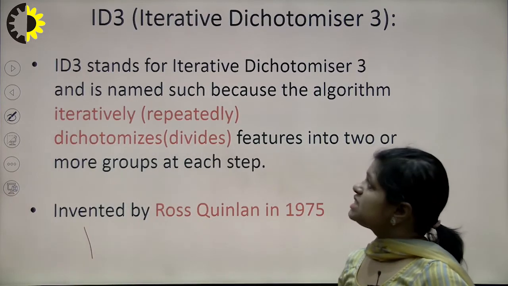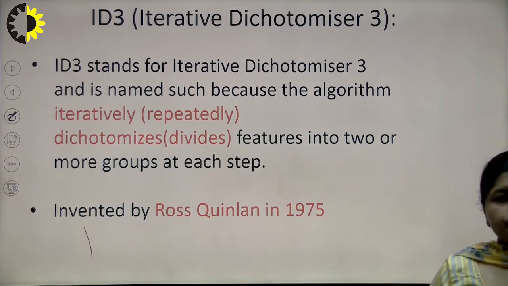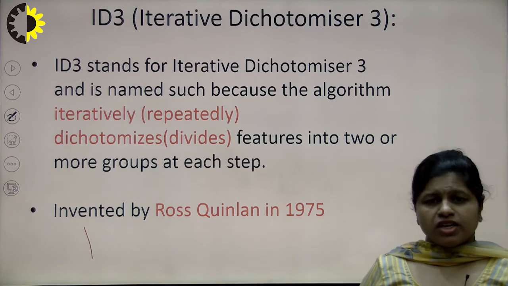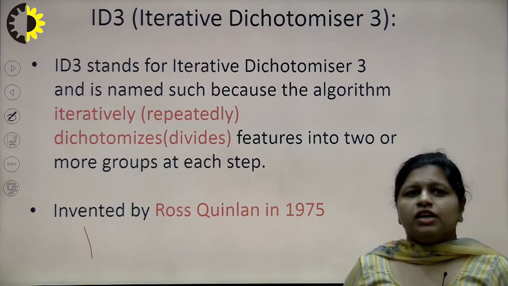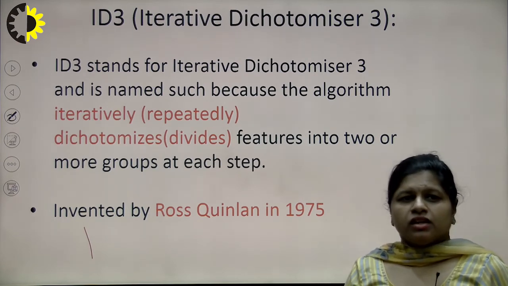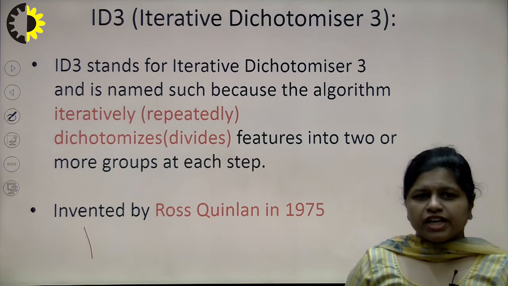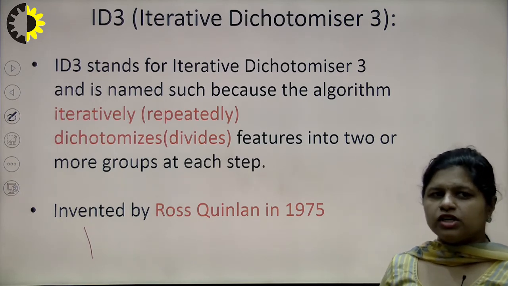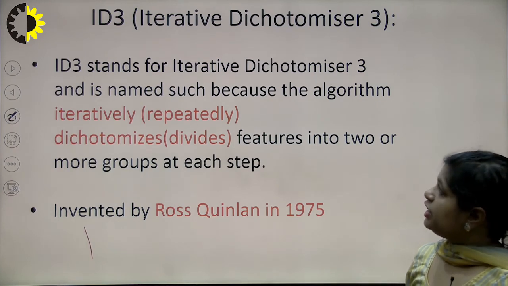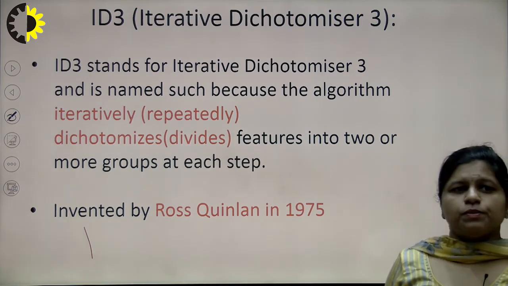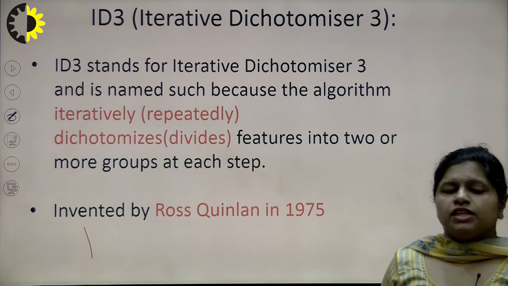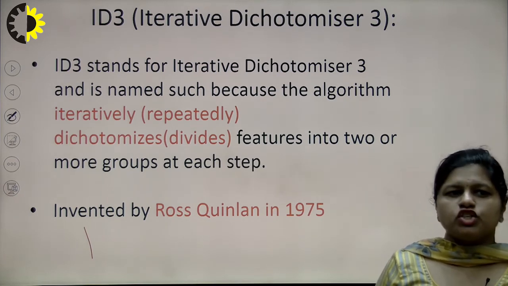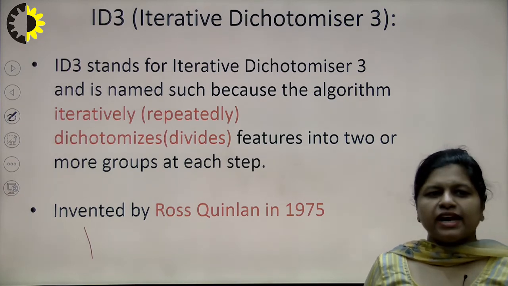Now what is this ID3? ID3 stands for Iterative Dichotomiser 3, and is named such because the algorithm iteratively, meaning repeatedly, dichotomizes, meaning divides, features into two or more groups at each step.